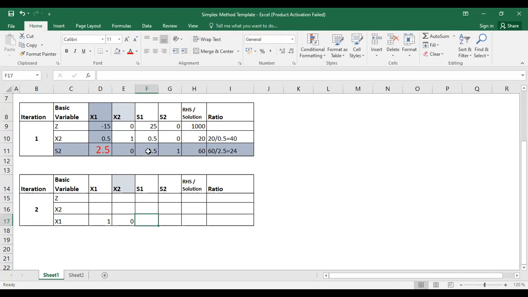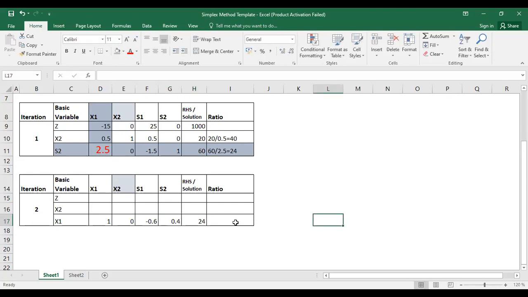Negative 0.6. Then 1 divided by 2.5 is 0.4. And the last one, 60 divided by 2.5 is 24. Thank you. So we have our new row value.